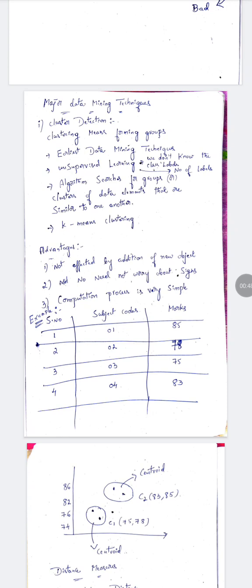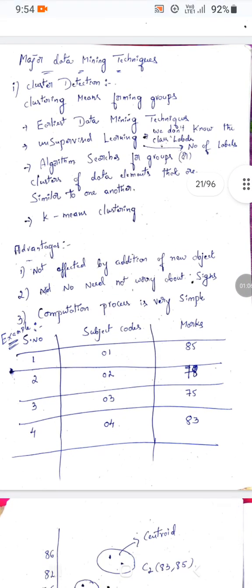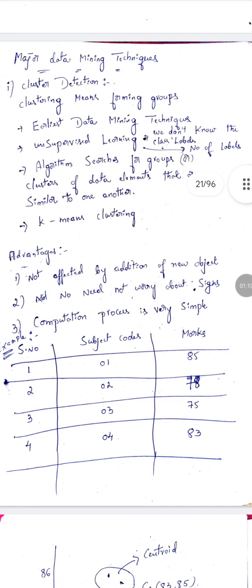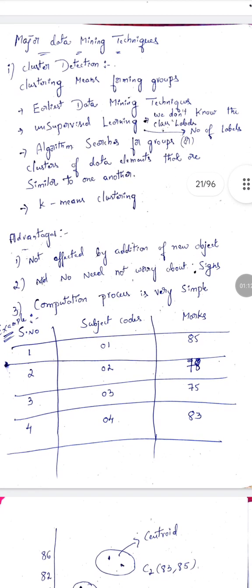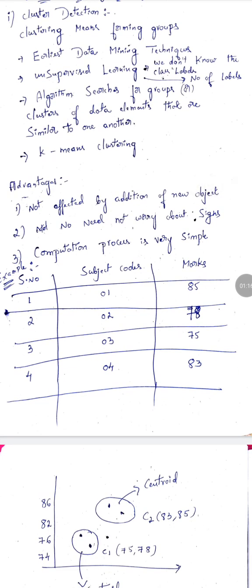It is unsupervised learning: we don't know the class labels or the number of labels, how many labels there are. It is an unsupervised learning technique, and the algorithm searches for groups and clusters of data elements that are similar to one another.